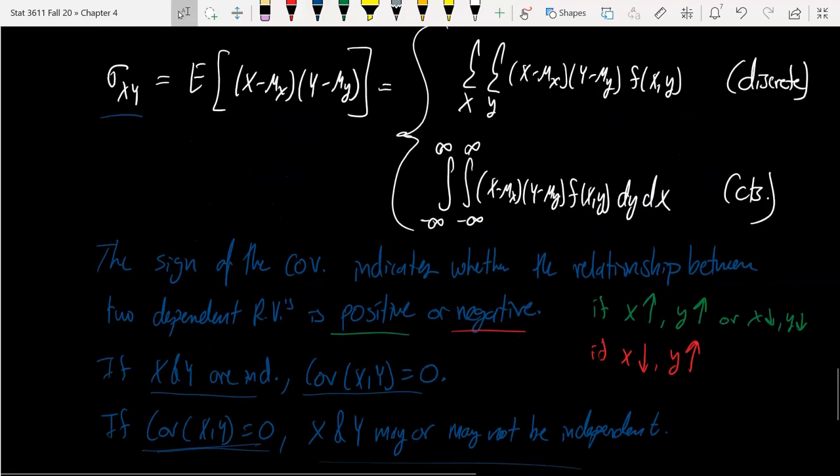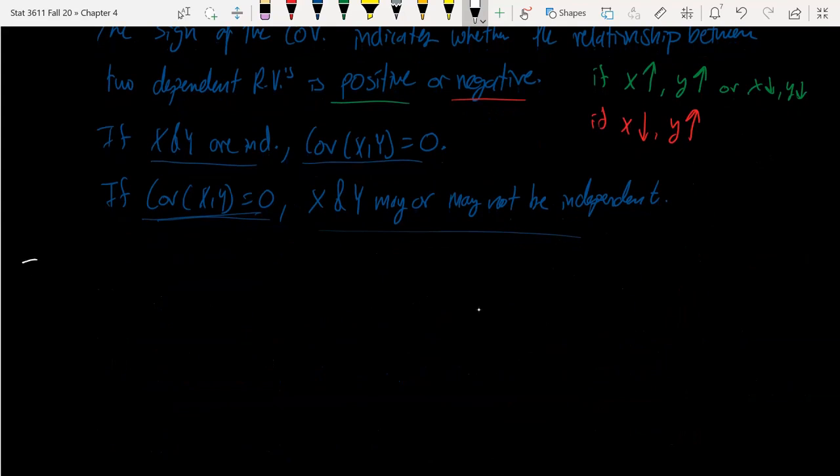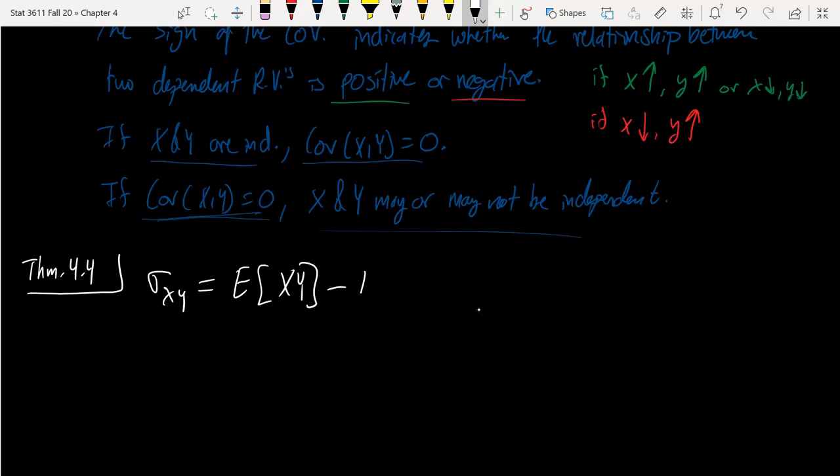Now, like there was with variance, there is an alternative and a preferred way to compute the covariance, and that is in theorem 4.4. Typically, how we'll compute it is as follows: the expected value of x times y minus the expected value of x times the expected value of y.